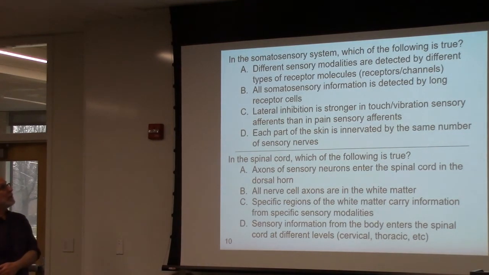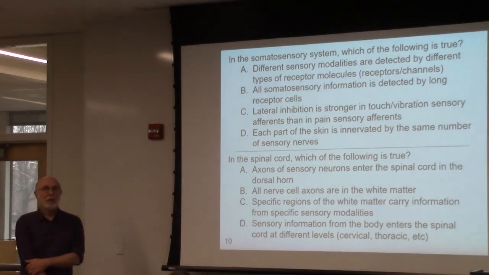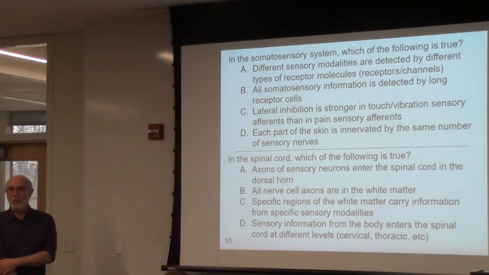All somatosensory information is detected by long receptor cells. Lateral inhibition is stronger in the touch vibration pathway, sensory afferents, than in the pain sensory afferents. Each part of the skin is innervated by the same number of sensory nerves. So I'll give you a hint. There's more than one correct answer.